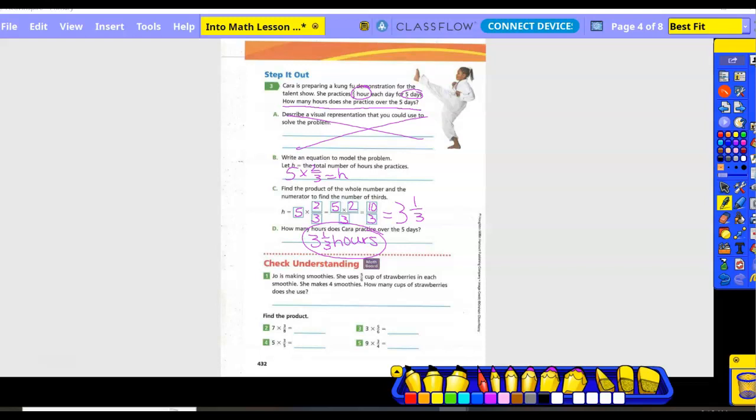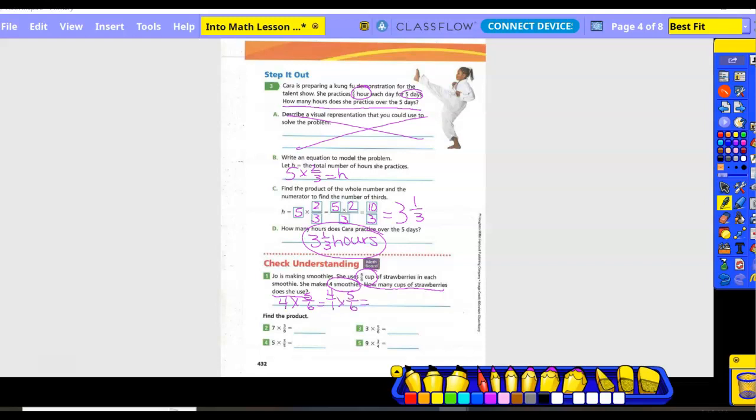Check understanding number 1. Joe is making smoothies. She uses 5/6 cups of strawberries in each smoothie. She makes 4 smoothies. How many cups of strawberries does she use? So 5/6 cups, 4 smoothies. How many cups of strawberries does she use? So what is my equation? 4 times 5/6, which equals what? 4/1 times 5/6.